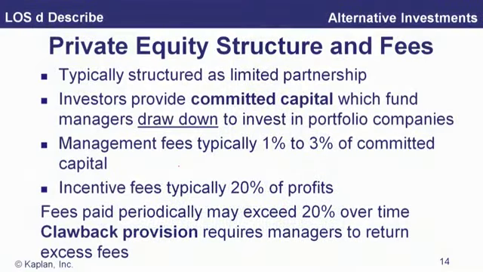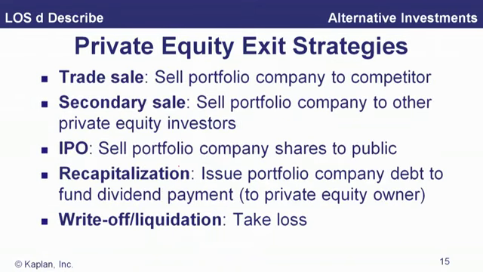So you could get to a situation where the fees paid to the general partner have exceeded 20% of what's really happened in all the portfolio companies in which they've disposed of them one way or another. And a clawback provision says, well, the managers have to return that, and they can't exceed 20% of profits on the whole fund, the whole bundle of investments.